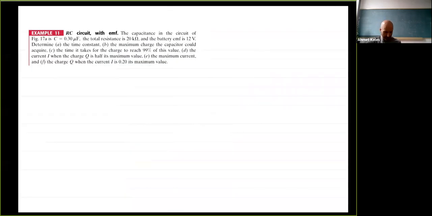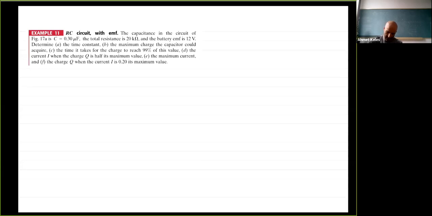Until then, let's solve a problem and see how this works. The capacitance in the circuit of the figure, I just deleted the figure, but it's the same, is C equals 0.30 microfarad, the resistance is 20 kilo ohm, and the battery EMF is 12 volt. A, determine the time constant.